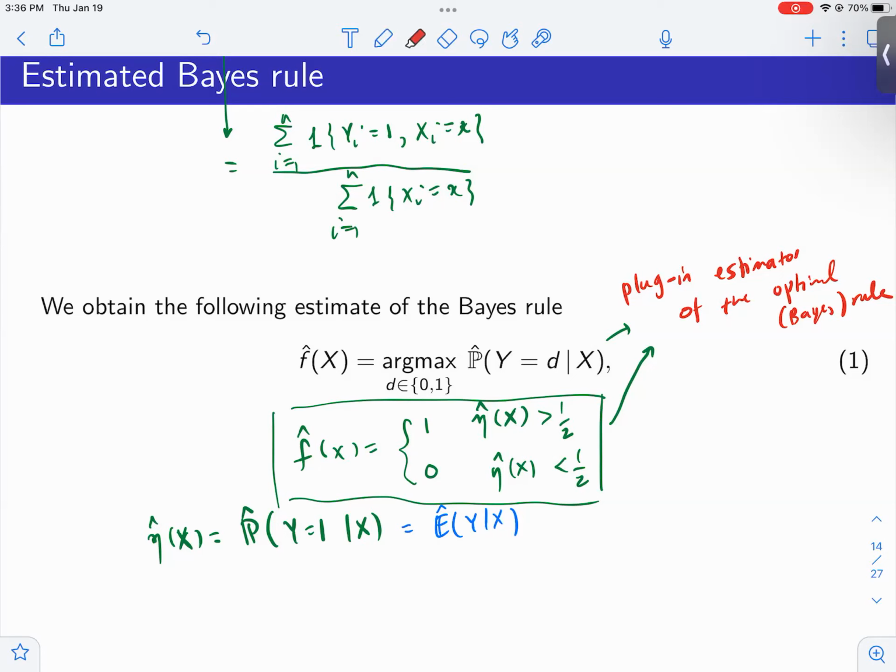So let me see if you guys remember. Why did we threshold it at 1/2? Let's see if you guys are following. Why are these two equivalent? What I do is, for every x, I choose the decision that maximizes the probability of y being equal to that decision given x.